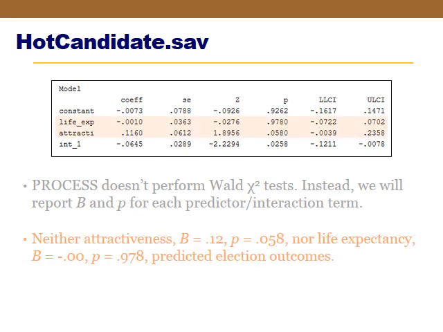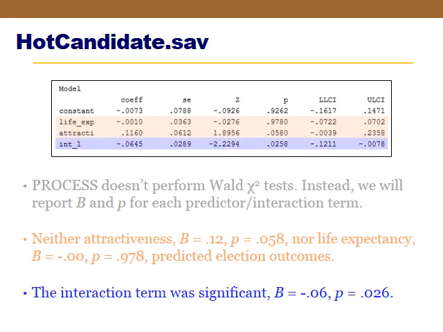So as I just mentioned, neither of the main effects was significant. Neither attractiveness nor life expectancy was a significant predictor of whether a candidate won or lost, but the interaction term was significant. So to make sense of that, we have to go and look at our simple slopes analysis that's going to break our results down as a function of life expectancy.